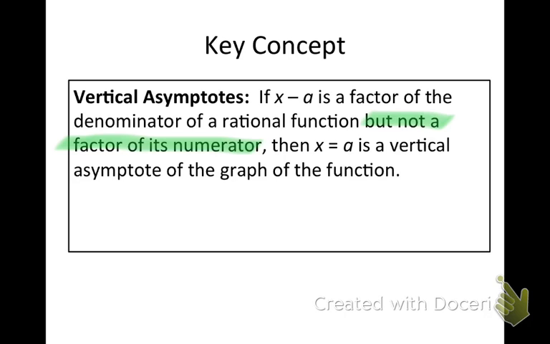Then the equation x equals a is going to be a vertical asymptote. So if x minus a is a factor of the denominator of a rational function, but not a factor of its numerator, then x equals a is a vertical asymptote of the graph of the function.